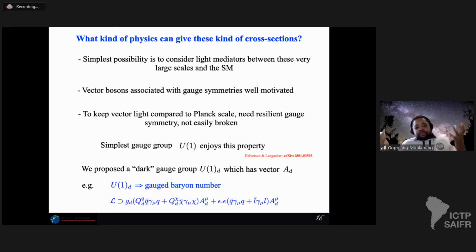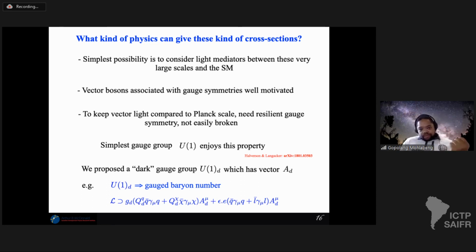Well, the simplest thing to think about is that the direct detection cross section goes as 1 over the mass of the mediator to the power 4. And so the smaller the mediator, the larger the cross section I can get. What kind of theory could I get where I'm coupling a very small mediator to a 10^16 GeV mass without affecting the mass of that mediator through radiative corrections?